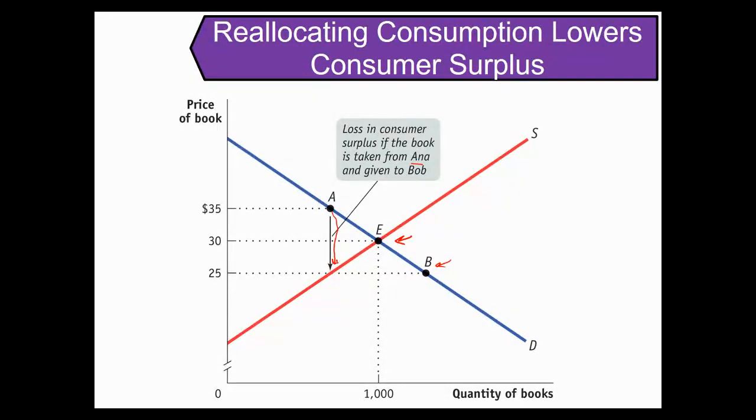We want the market equilibrium to generate the highest possible consumer surplus, so that those who consume the goods are getting the most value for it. Essentially, Anna is losing consumer surplus. When it was at $30, she was getting a consumer surplus of $5. Now she's buying at a lower price to try to benefit Bob, and once again, we're losing consumer surplus.